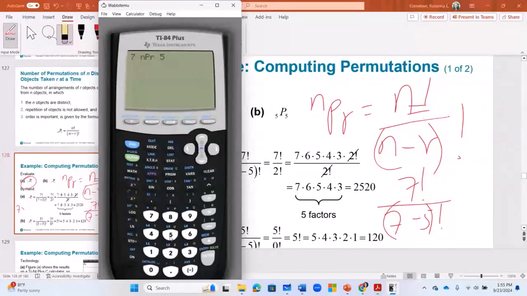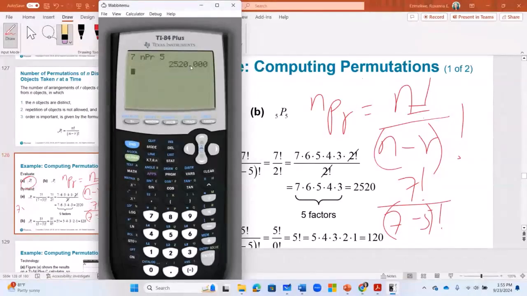By the way, we need combination and permutation for unit 3, because binomial distribution, which is in unit 3, starts with combination. So we must do this today. We're not going to wait for a review day, so that you understand combination and can apply it to binomial distribution. All right, when I hit enter, I see that my answer is 2,520.